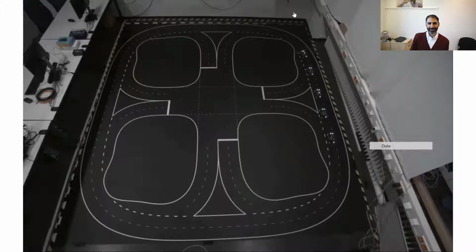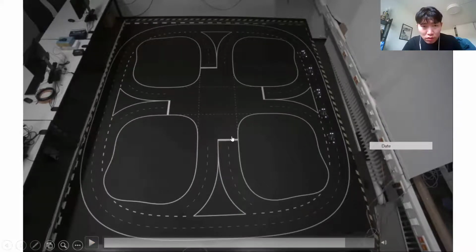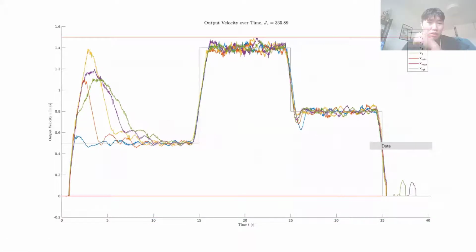Looks nice. Could you go to the slide with the velocity plots? Yeah, this one.